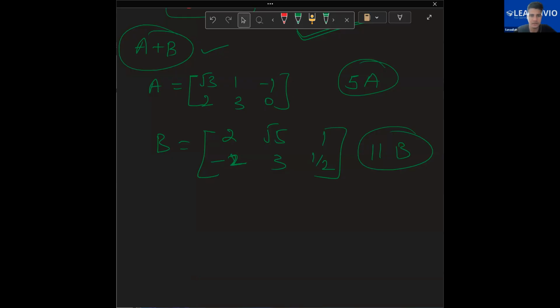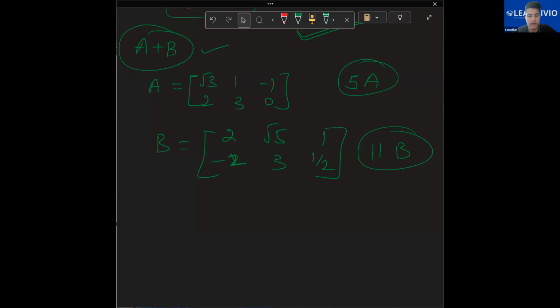Now, I guess difference is also clear to you. How to subtract matrices. Okay, let's move to some properties of matrix addition. You know what is commutative law? Yes, sir. Like A plus B is equal to B plus A. Yeah, that is commutative law.